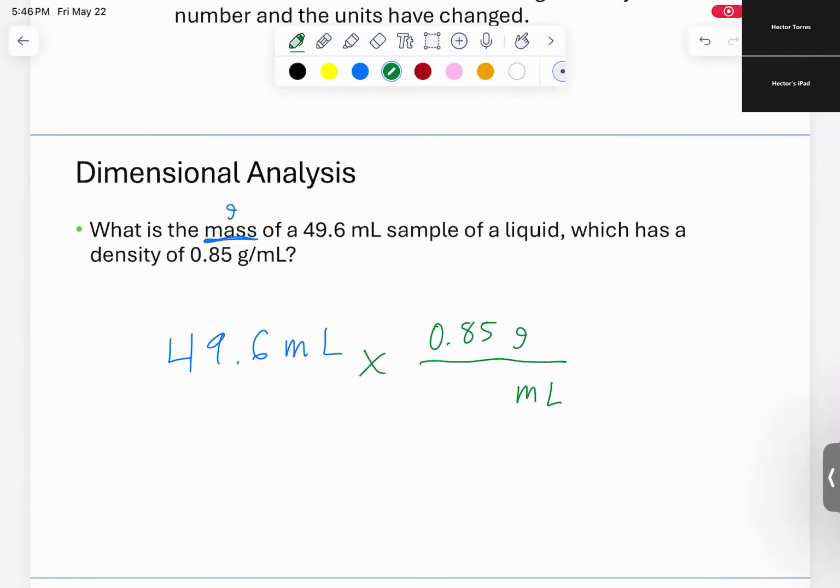That works out really well because now my milliliters cancel out, and I'm just left with grams. Let me put it in my calculator. It gives me 42.16, and this is in grams. So this is my dimensional analysis.